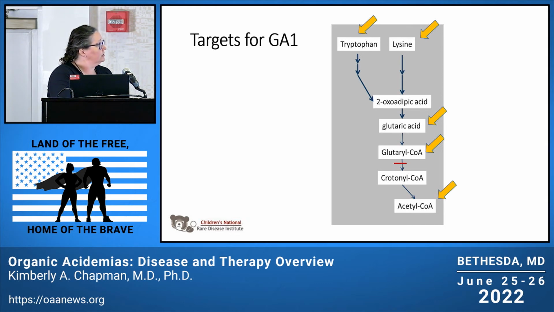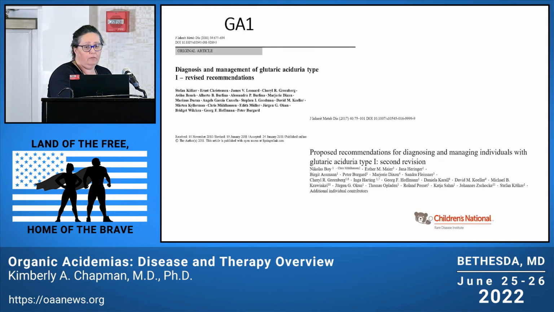It's decrease the tryptophan and lysine, go after the glutaric acid, go after the glutaryl-CoA, poke holes into the enzyme, and replace acetyl-CoA. And for GA1, there is not just one set of recommendations. There's a revised set of recommendations, and just recently there's a second revision, and currently they're working on the third.